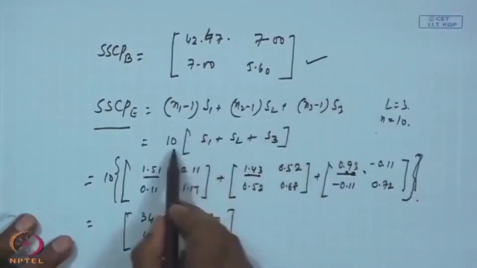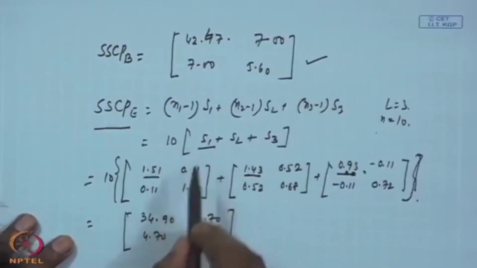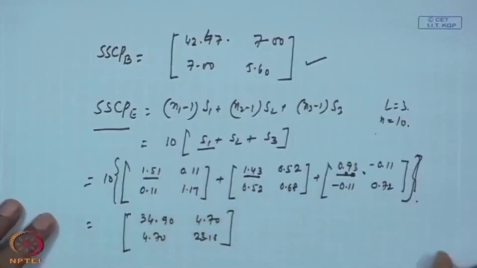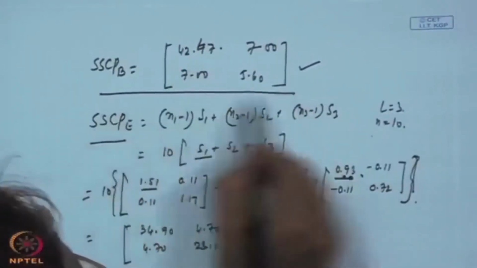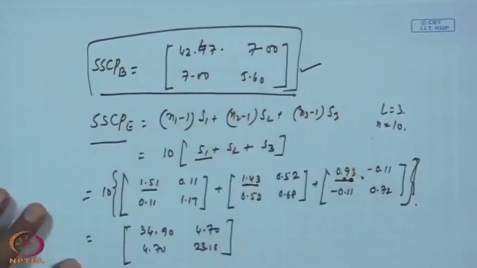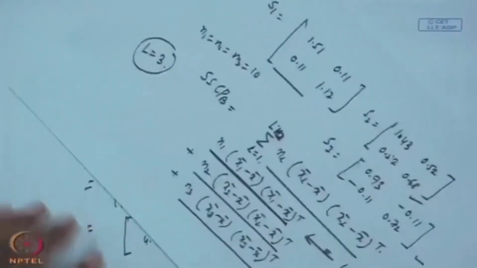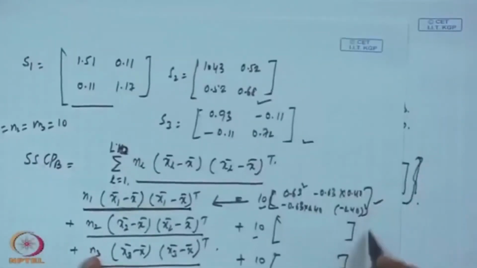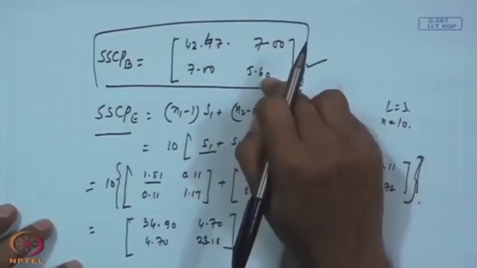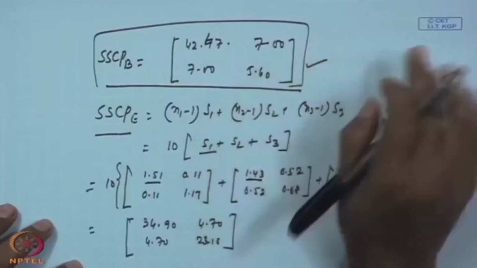So, for this SSCP, the resultant value is this, where all three parts, related to this component, this component, this component, are added and you get it like this.